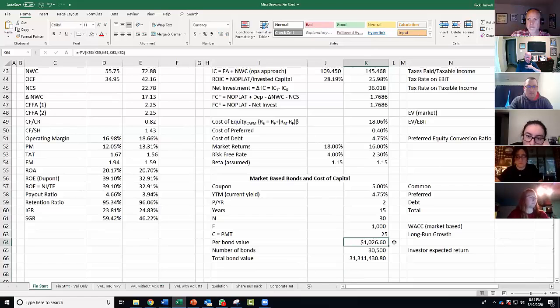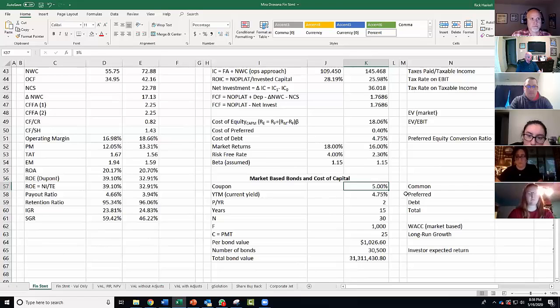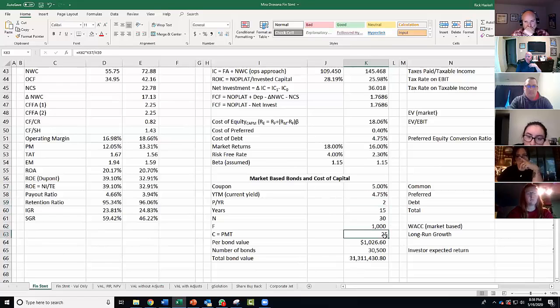So let me go ahead and replicate the function in another cell, and it'll come up with the same value we got here. Notice here I've got a 5% coupon rate, so that's the original rate at which it was issued. So that coupon rate times the face value of 1,000 divided by 2 periods per year results in a coupon payment of 25. So 5% times 1,000 is 50, divided by 2 periods per year is 25.